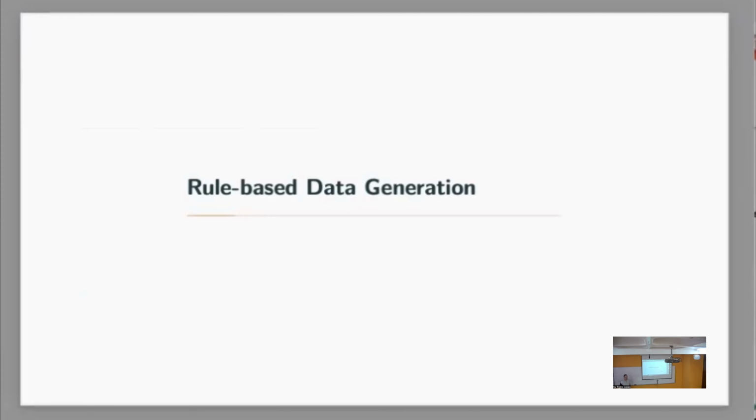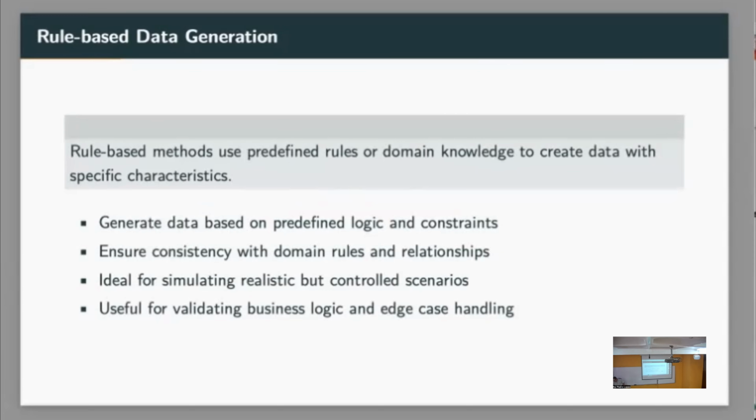Okay, next approach. Before, we saw random data generation. Now let's make this random generation a little bit closer to a real-world example. And we can make this closer if we specify some rules. What does this mean?